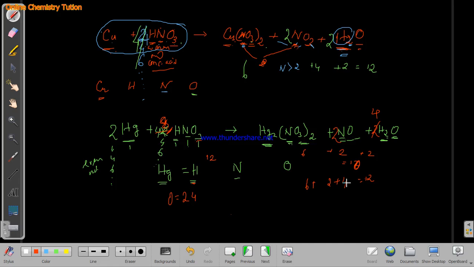So here number of nitrogen should be 6, because here it is 2, here it is 2. Number of nitrogen atoms should be 4, and here nitrogen atoms should be 8. So to bring nitrogen number to 8, there is 2 present, so you have to bring here 6. So nitrogen number should be 8.